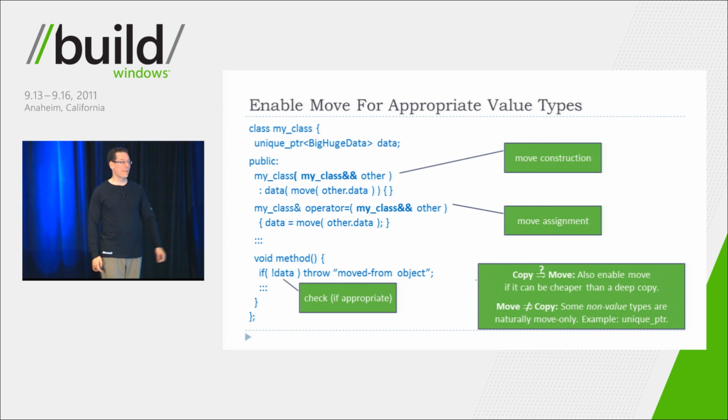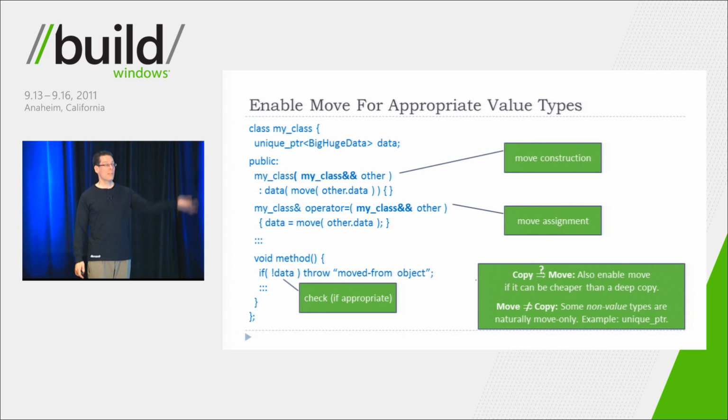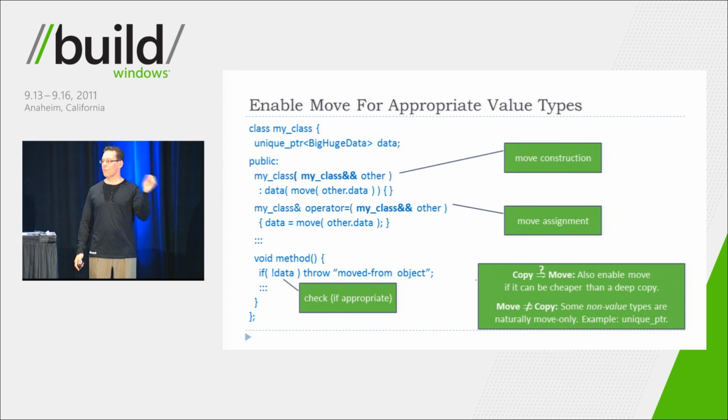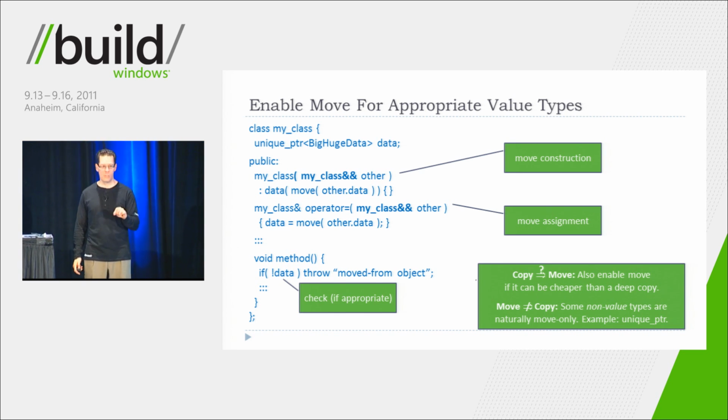Now, how do you sign your card to become an organ donor? In a few cases, the compiler can generate move for you automatically. The good news is, you remember how sometimes the compiler generates copy for you automatically when it shouldn't, and that's why we have the opt-out, non-copyable?